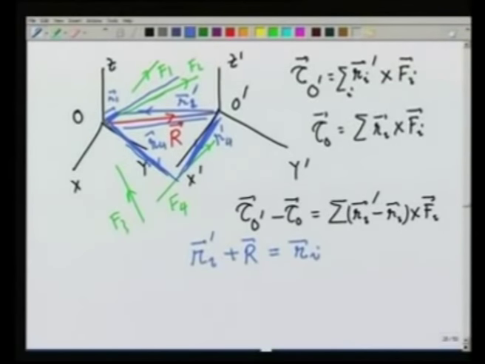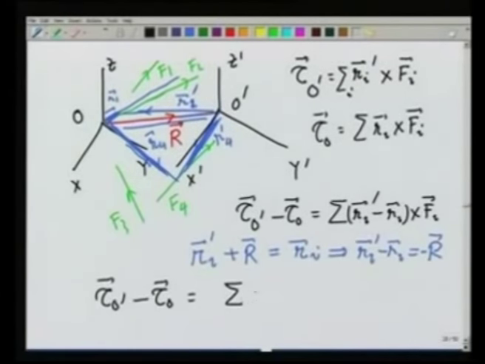So, R_i prime plus R is in general R_i, and therefore, R_i prime minus R_i is equal to R with a negative sign, and therefore, tau O prime minus tau O is equal to summation over i of minus R cross F_i. R being the same vector, I can write this as minus R cross summation over i of F_i. That is the difference between the torques taken about point O prime and point O.